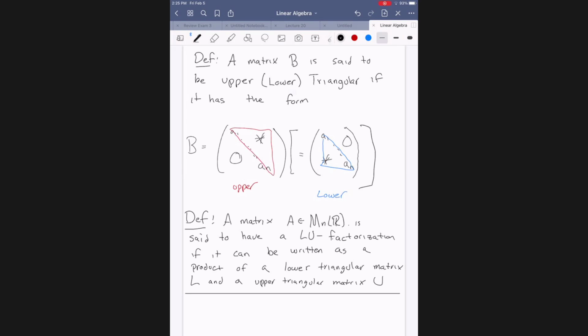So now you know why it's called LU. L for lower, U for upper.